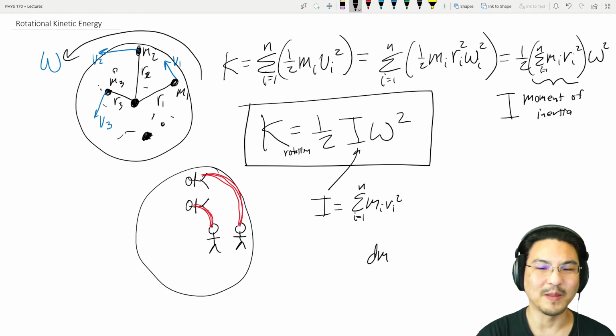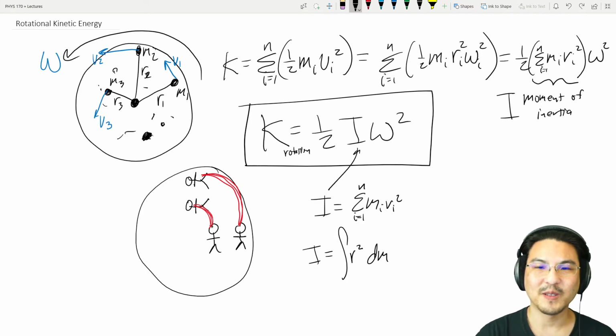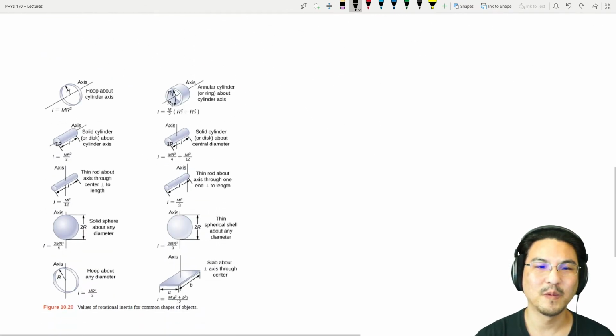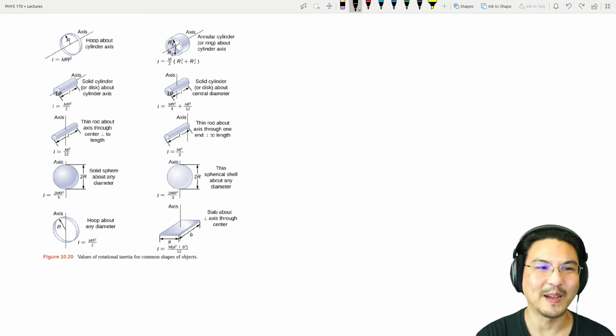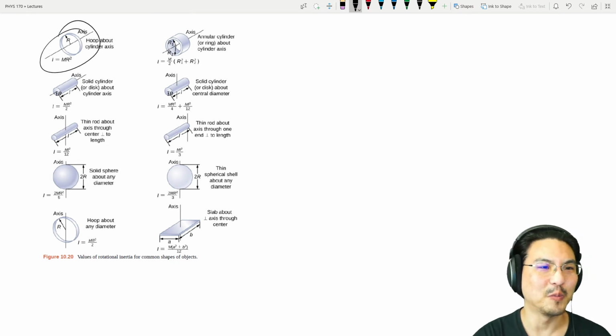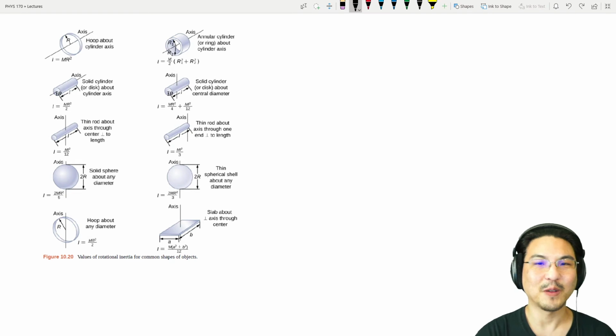And then you find the position squared of each of those differential masses, and then you integrate that. So this is basically the calculus version of this. For this semester, we'll never discuss objects that we don't already have an entry in a table like this. So we'll only ever have objects that are like a hoop or a cylinder or a slender bar or a ball. And for other shapes, we'll leave that for future semesters.